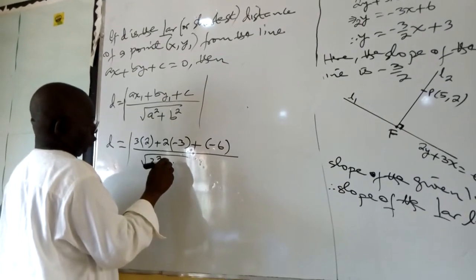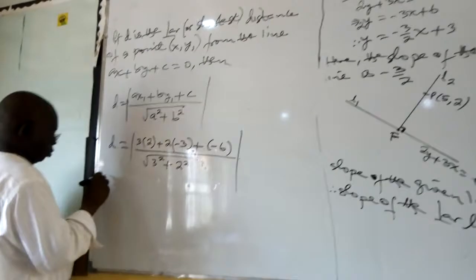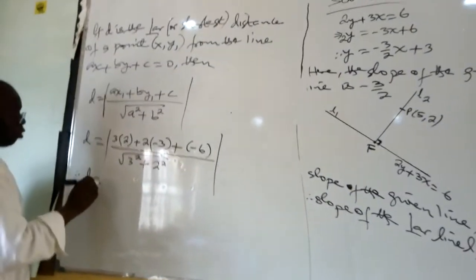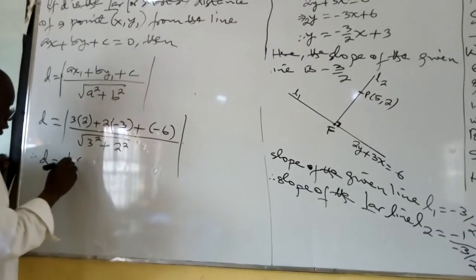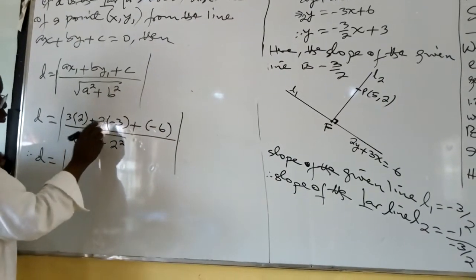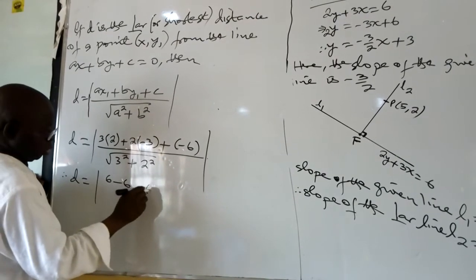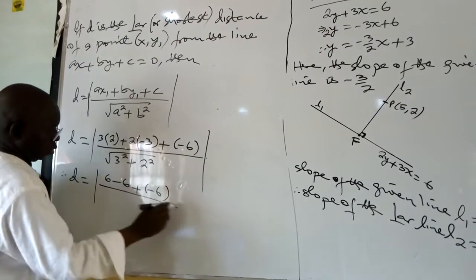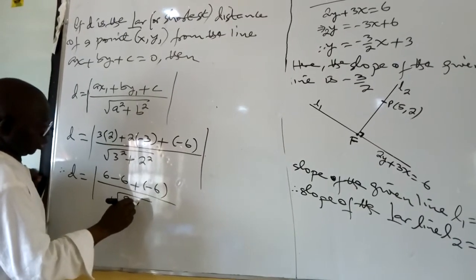So d is equal to the absolute value of 3 times 2, that is 6, plus 2 times minus 3, plus minus 6, over the root of 9 plus 4.